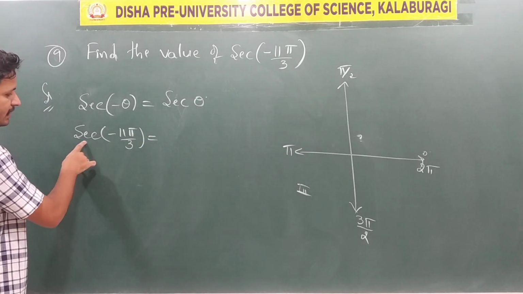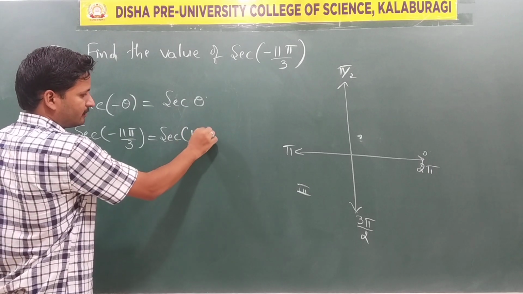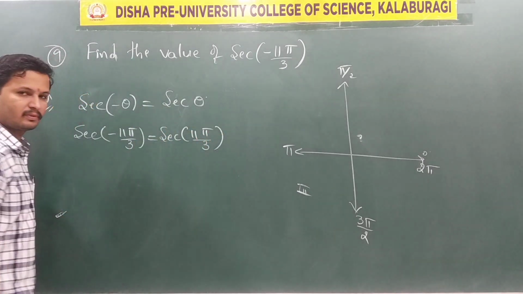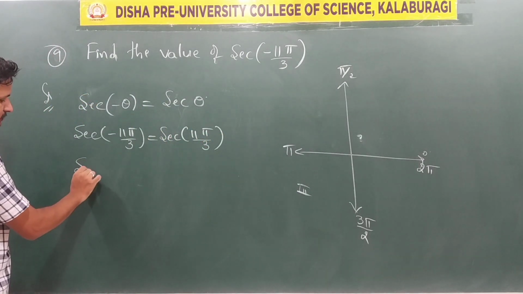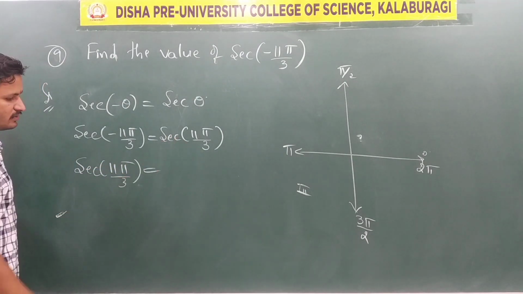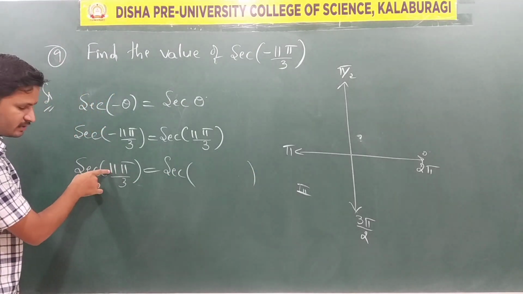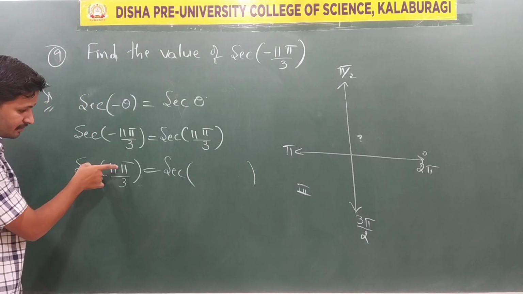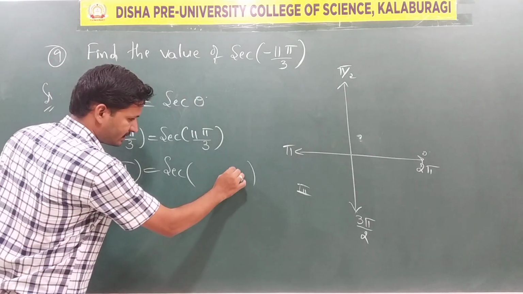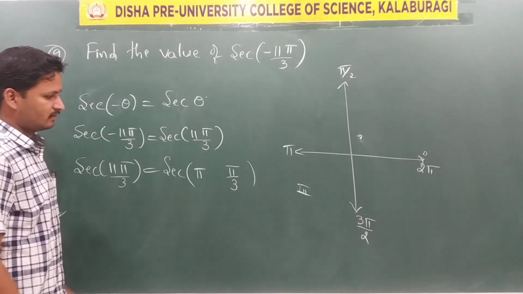So if theta is minus 11 pi divided by 3, secant of minus 11 pi by 3 is secant of 11 pi divided by 3. Now secant of 11 pi divided by 3 is equal to secant of... leave this 11, just observe pi divided by 3. So write down here pi by 3 and take here pi.